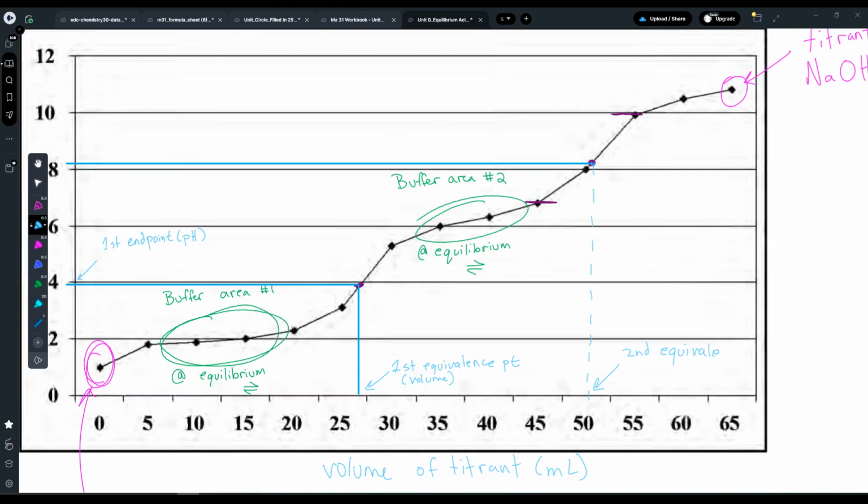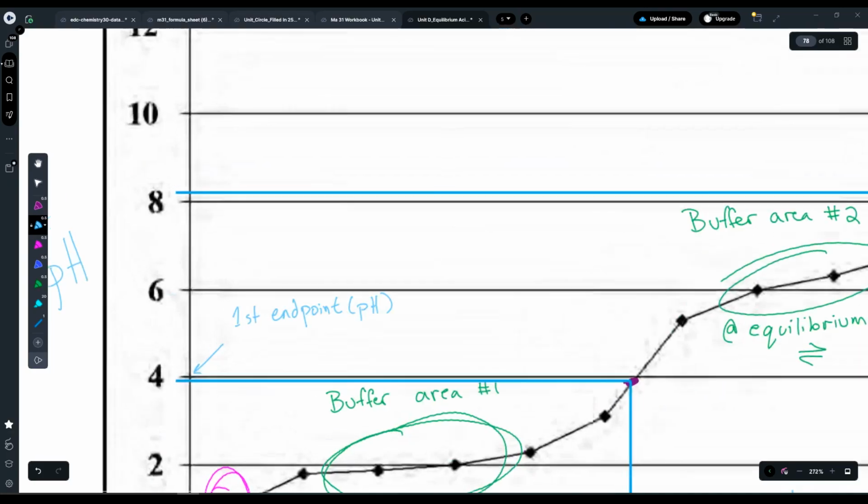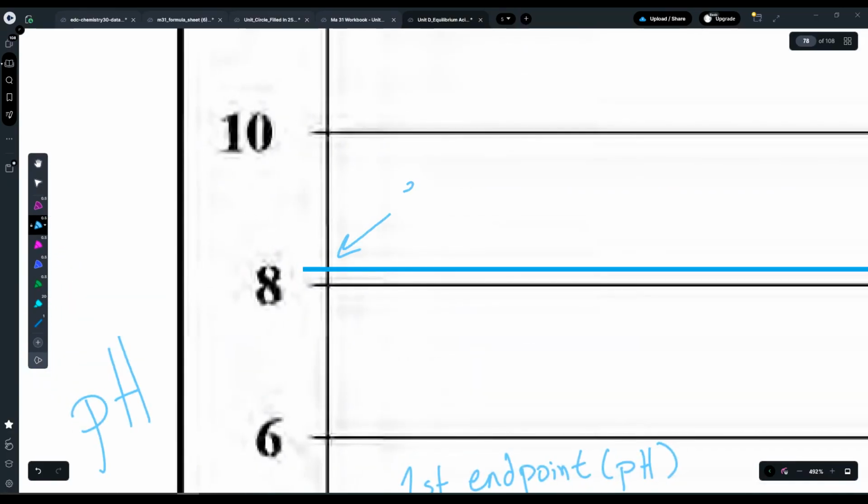So remember, equivalence points tell you the volume of titrant that's used to get to that point. And then our second endpoint is right here.